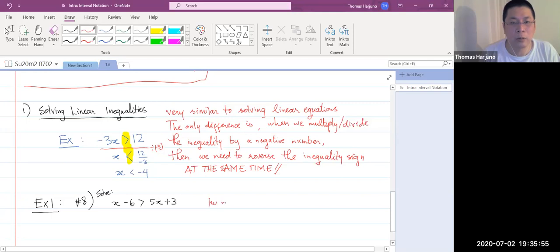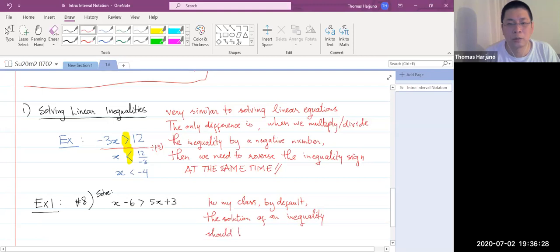In my class, by default, the solution of an inequality should be expressed in interval notation.